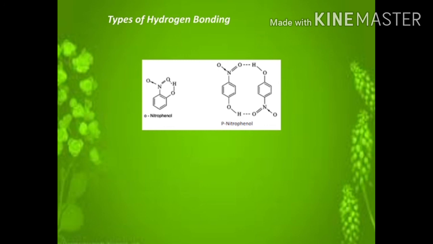So that is involved in intermolecular hydrogen bond with other molecules. Here orthonitrophenol involves intramolecular hydrogen bonding, but paranitrophenol involves intermolecular hydrogen bond with another paranitrophenol.